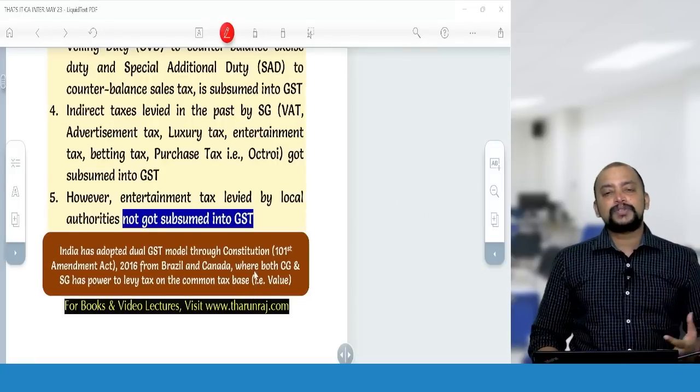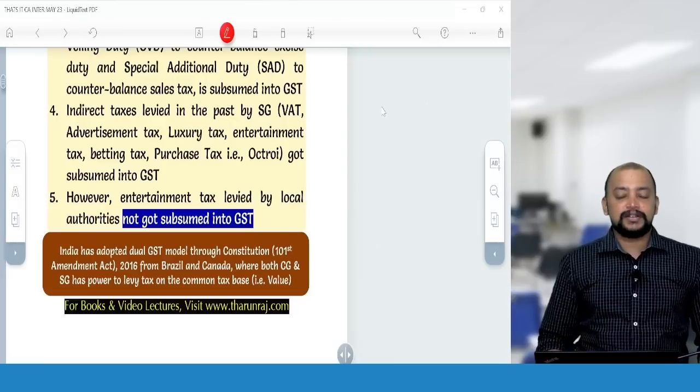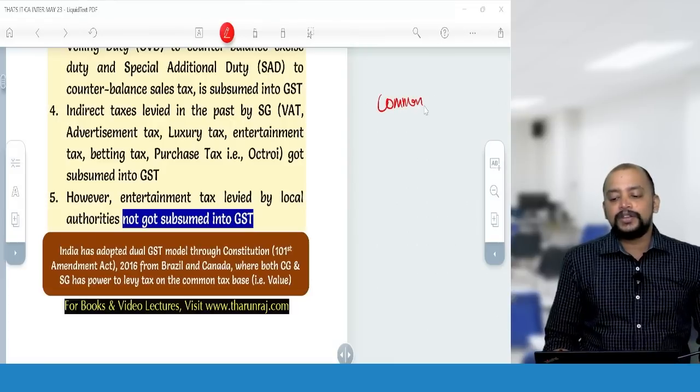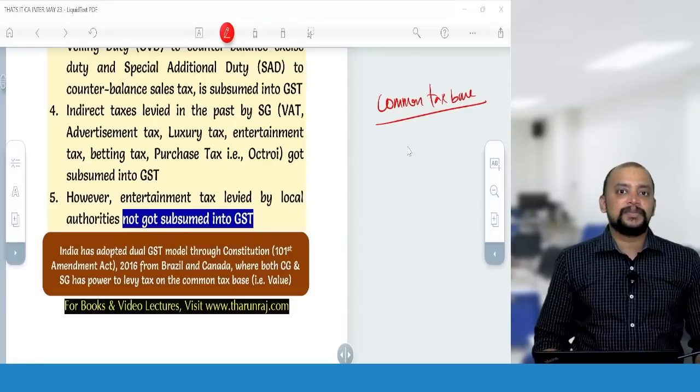Dual GST model means what? On the common tax base, both the central government and the state government shall levy tax.